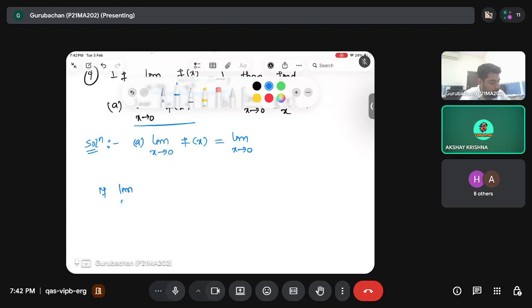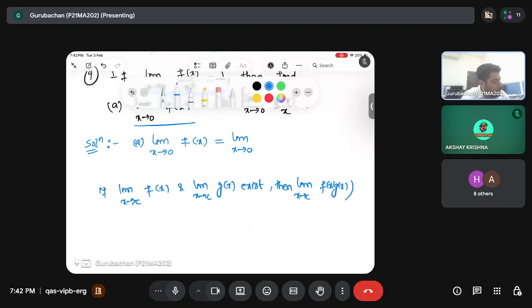If limit x tends to c of f(x) and limit x tends to c of g(x) exist, then limit x tends to c of f(x) into g(x) will also exist.